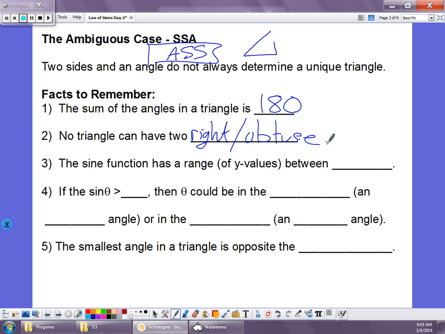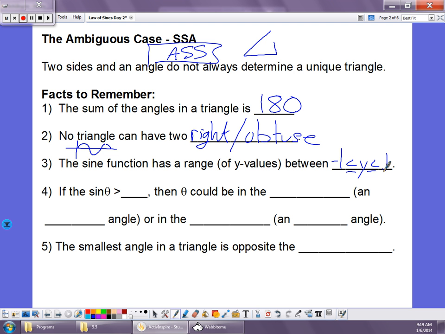So angles 90 or above. The sine function has a range of y values between where? Think of the graph, y values. So -1 is less than y is less than 1. I guess it's less than or equal to.